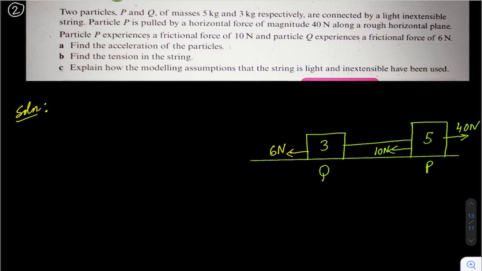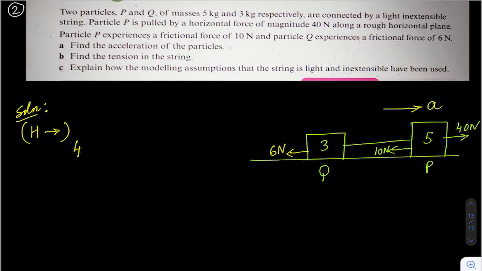So for example, I can directly say that in the horizontal direction, let's say the acceleration of these particles be A in the right direction. So I'm taking the right direction as the positive direction. What's the net force acting on this whole system?